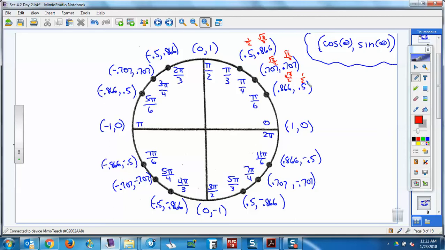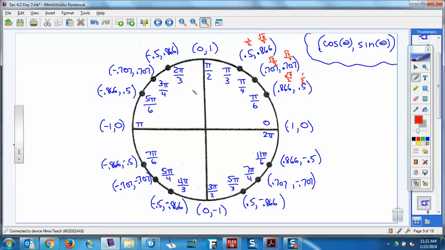Now, because eventually we'll be using our calculators a little bit, if you know those decimal equivalents, you'll recognize that. You say 0.866, oh, that's square root of 3 over 2. 0.707, oh, that's square root of 2 over 2. So it's not a bad idea to just kind of know those or be familiar with those. It's probably not a huge deal, but it can be nice to know.